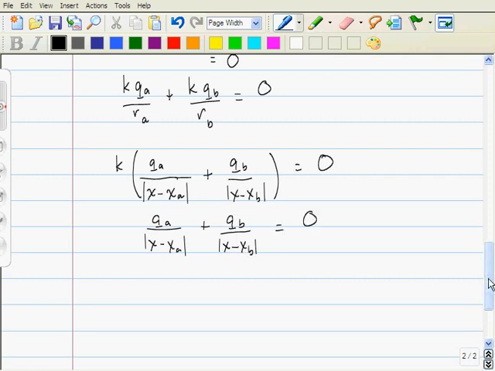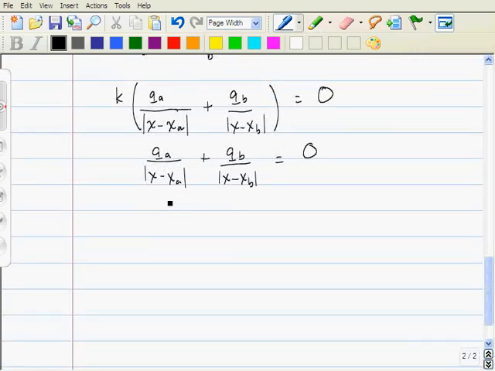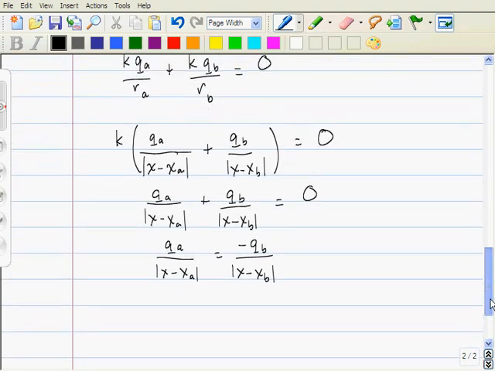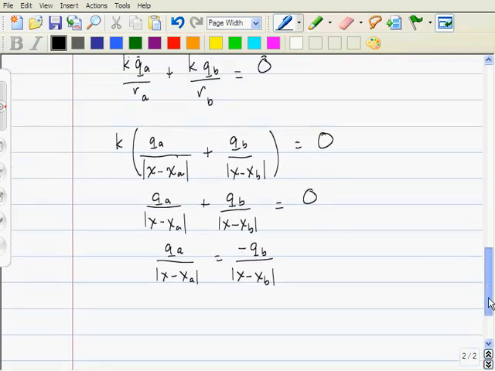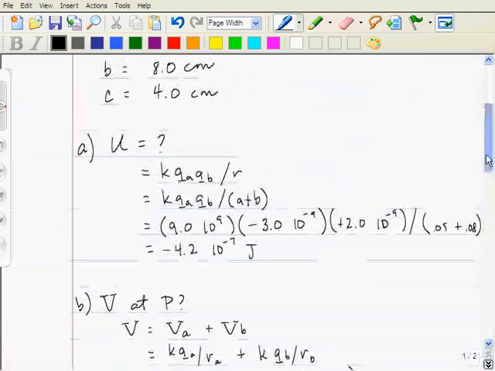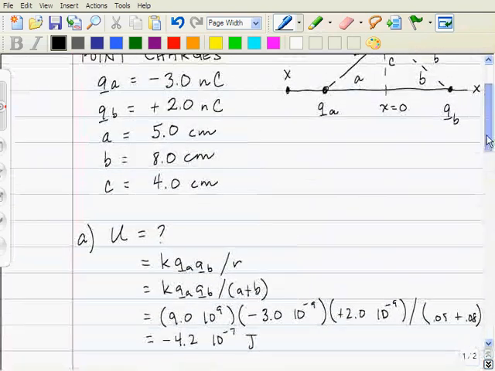Now, Q sub A divided by the absolute value of x minus x sub A equals negative Q sub B divided by the absolute value of x minus x sub B. Let's put in some numbers and see if we can solve this for the points, and there will be more than one because of the absolute value sign of x.